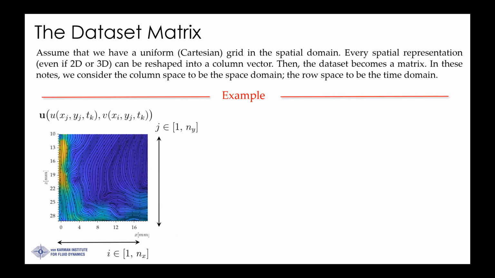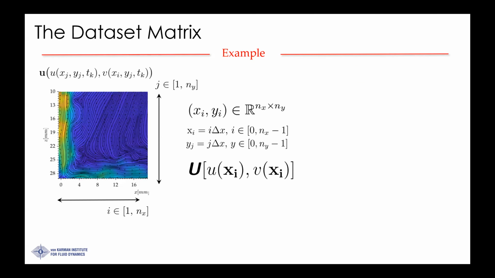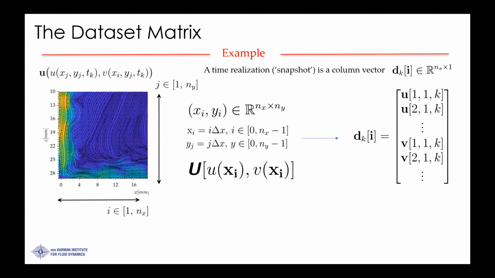Let me take an example. Let's assume I have a velocity field like the jet, which you will analyze tomorrow. It has any point on x and any point on y, and there are also two components because it's a velocity field, u and v. Well, you don't care about this shape. You will just, for instance, take all the columns of this matrix and pull them one below the other.